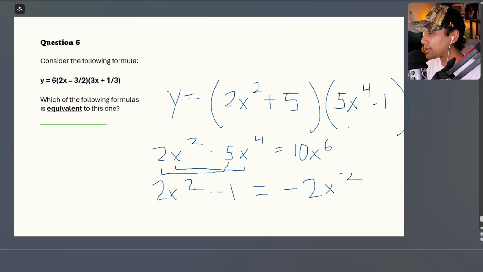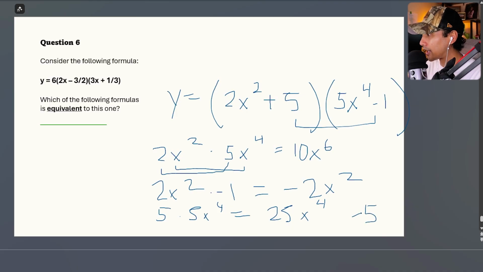Then you have 5 times 5x to the 4th. 5 times 5x to the 4th equals 25x to the 4th. Okay, this is going to be an ugly looking equation. Okay, we're not going to be able to combine like terms. And then you have 5 times -1 equaling -5. Okay, I'm just going to put -5 here. And then all that's here, right?